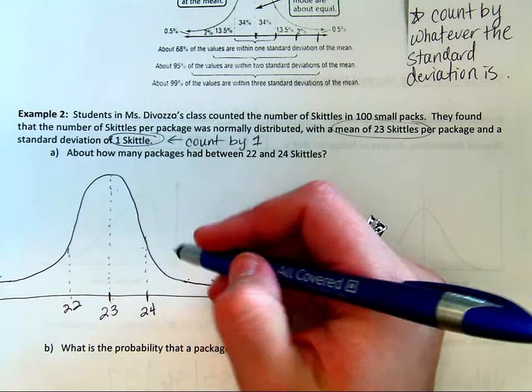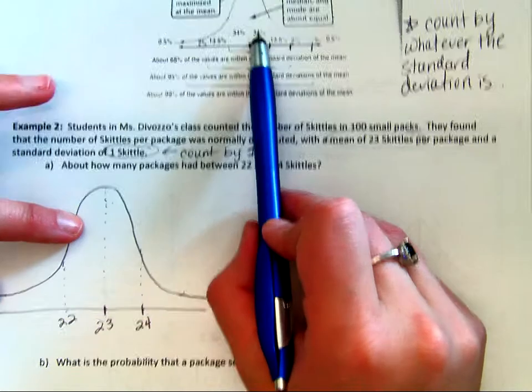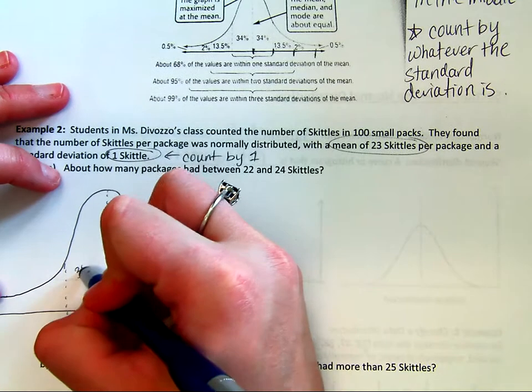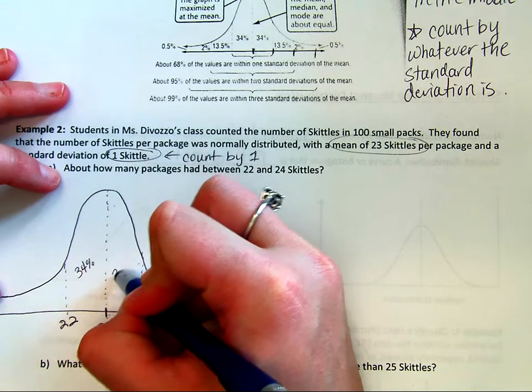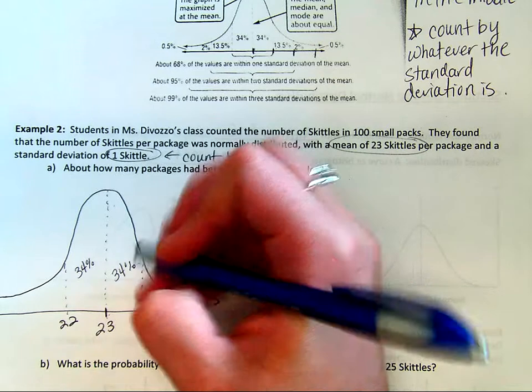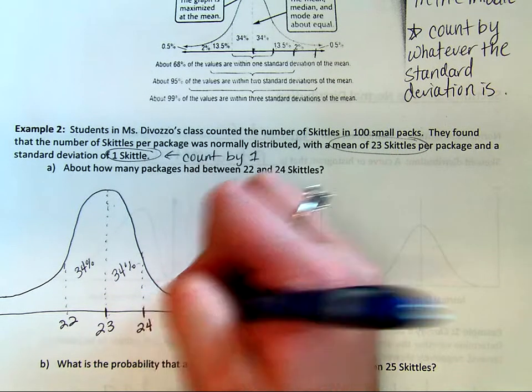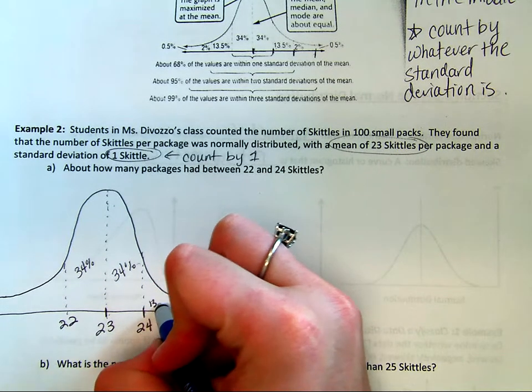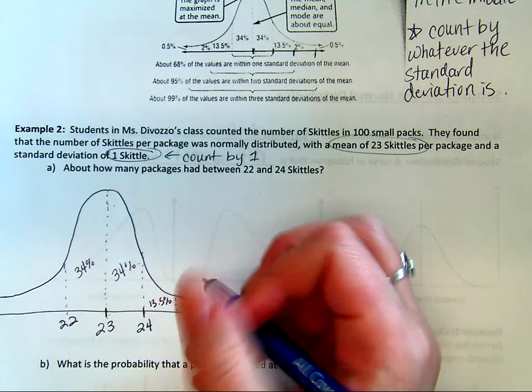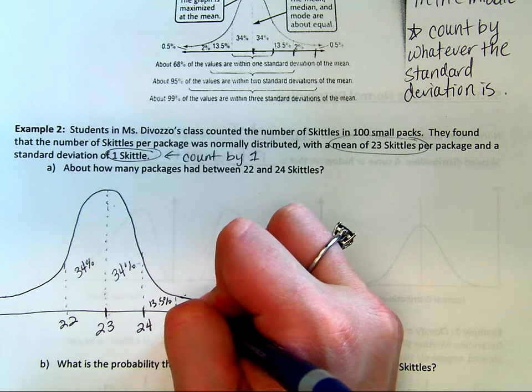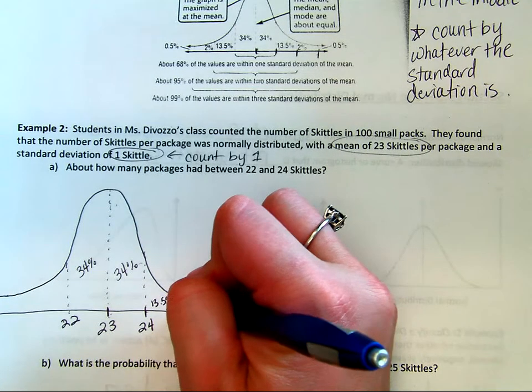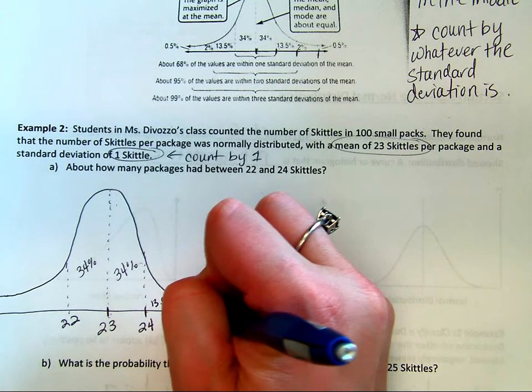And let's label our percentages. So just like in the diagram, I'm going to put 34% here, 34% here. And then when I make my other lines, this is going to be 13.5%. I didn't make this quite long enough, but this is going to be 2%.